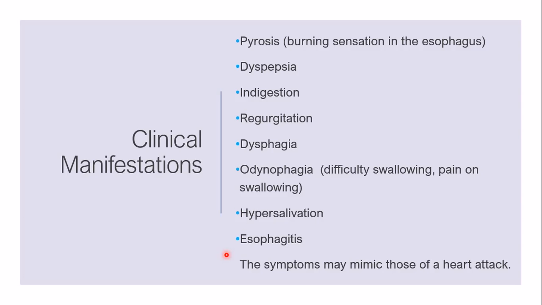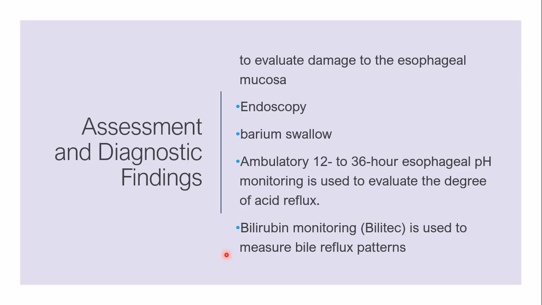Okay, so moving on to the other thing, that is assessment and diagnostic findings. So to evaluate any damage to the esophageal mucosa. If you guys remember in our last class in gastritis, I told you that when our stomach mucosa lining is damaged, we do endoscopy.